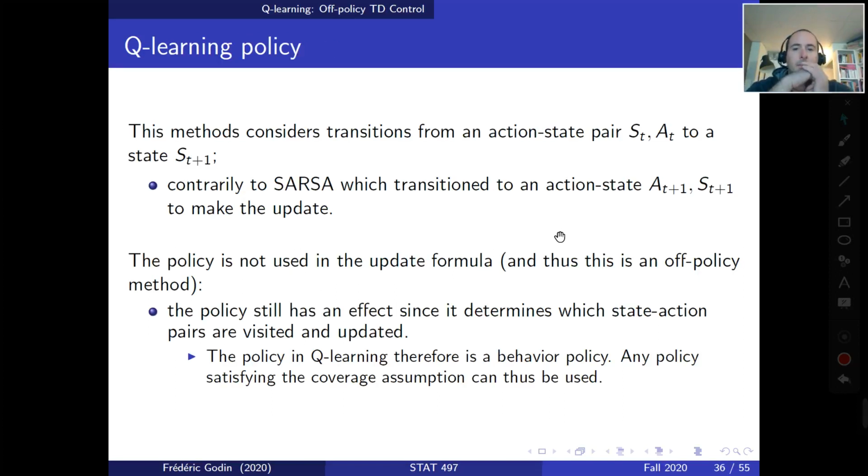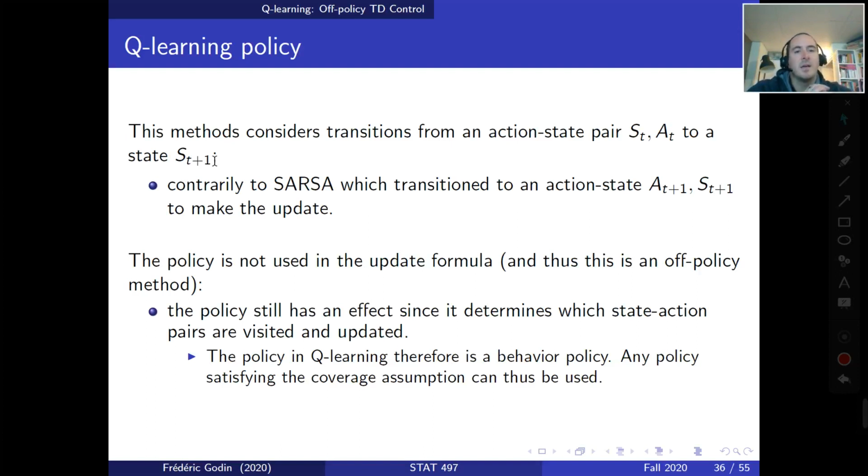So contrarily to SARSA, where you considered a transition from a state action pair to another state action pair, in Q-learning you consider a transition from a state action pair to the next state, and then in the next state, you consider the greedy action, not the action realized in your episode, to make the update.